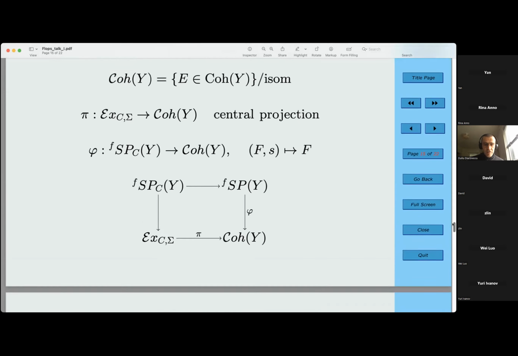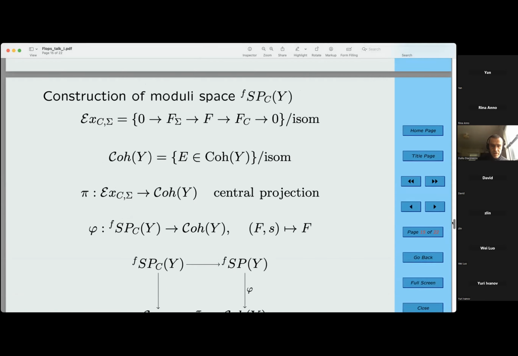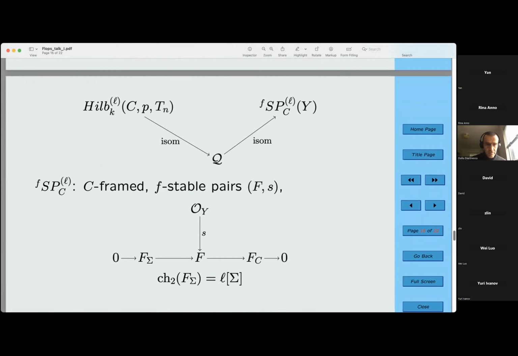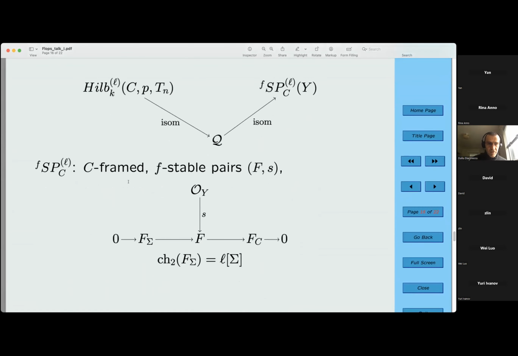And then the question is, as I said, how do we get from this flag Hilbert scheme of C, now the plus has disappeared from my notation, to C-framed F-stable pairs on Y. The claim is that they are in fact isomorphic.